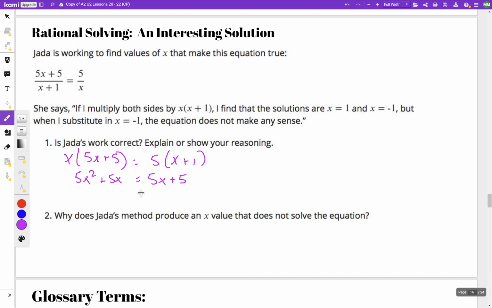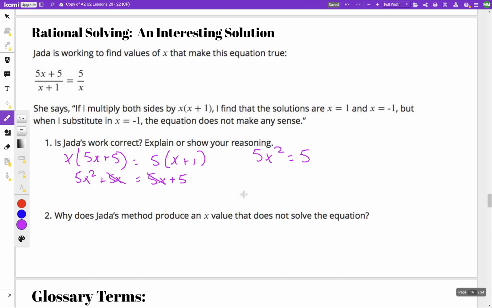All right, so let's subtract. Here's an interesting situation. We have all these 5's in the equation. Now, look at this. There's a 5x on both sides. That's interesting because what that means is I can subtract the 5x and it disappears. So what I have is the equation 5x squared equals 5.